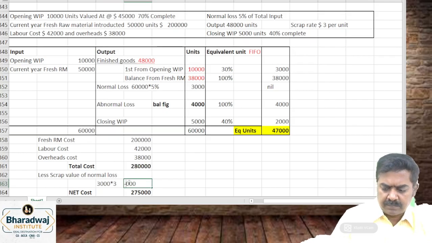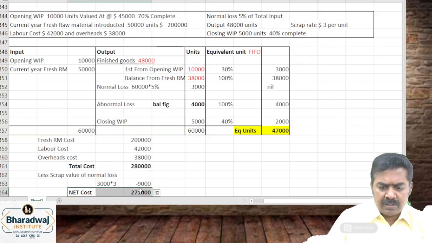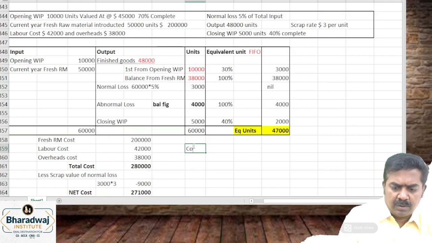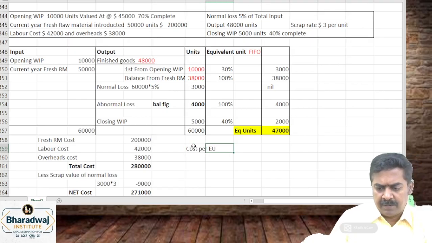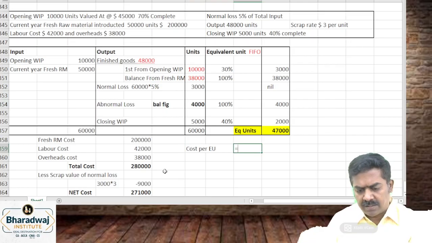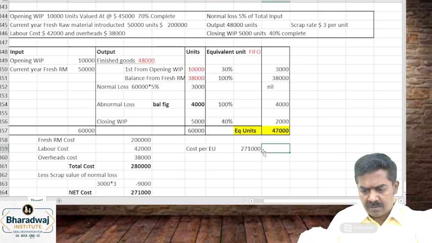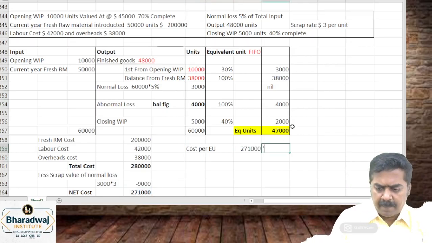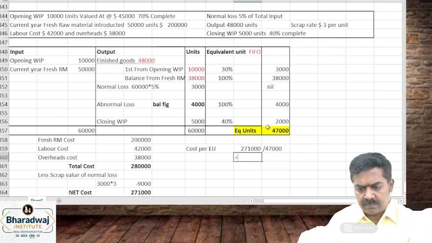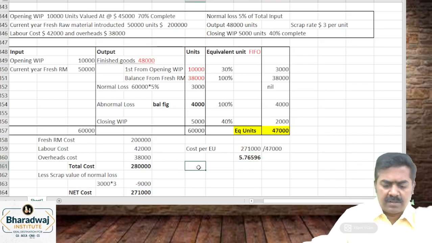This is your net cost. When you work out cost per equivalent unit, this will be 2,71,000 divided by 47,000. Based on this, we are going to assign the cost.